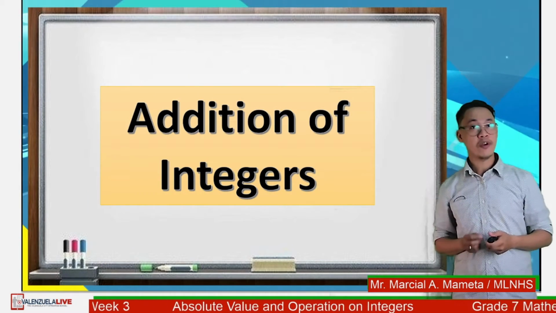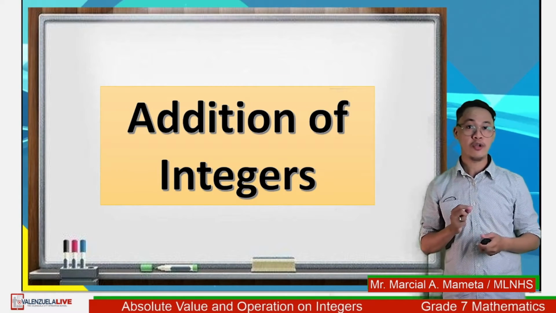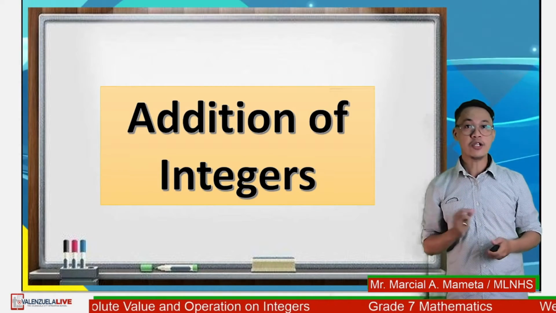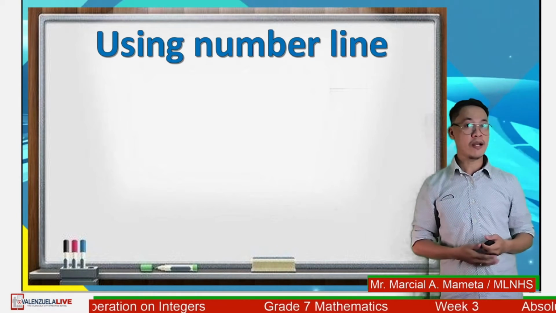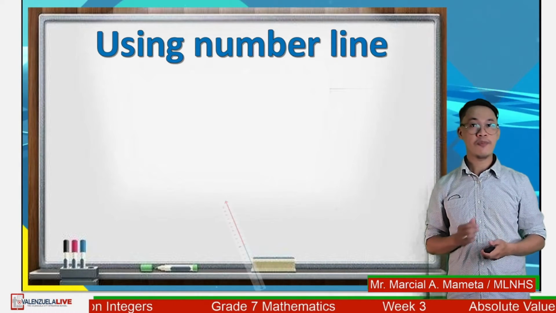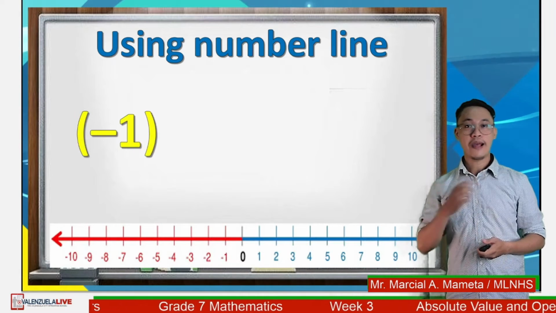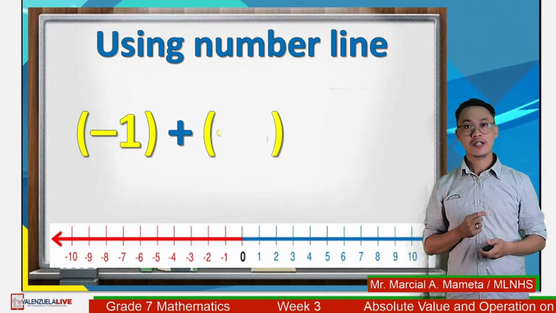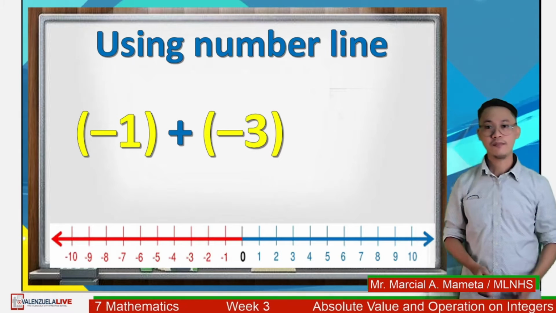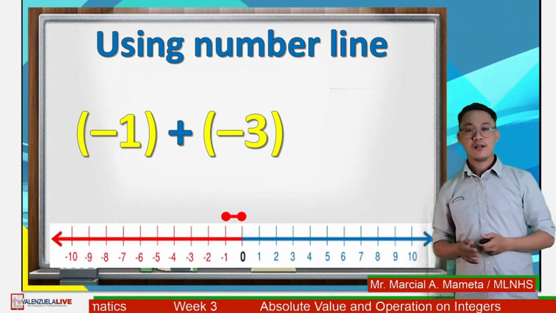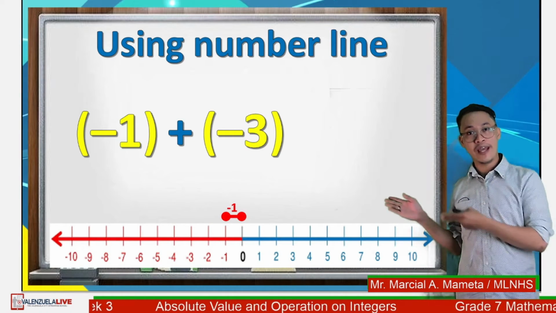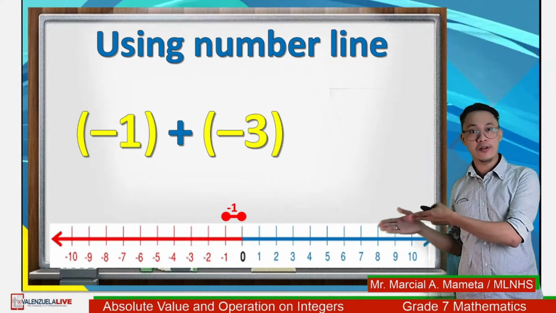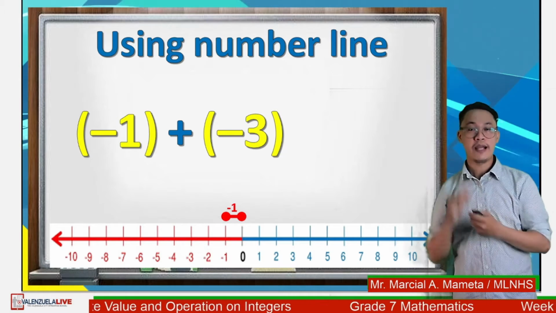Let's proceed to our next topic, which is the addition of integers. By using the number line again, let us try to solve negative 1 plus negative 3. We start from 0 to negative 1. So we have our line segment here, representing the negative 1.